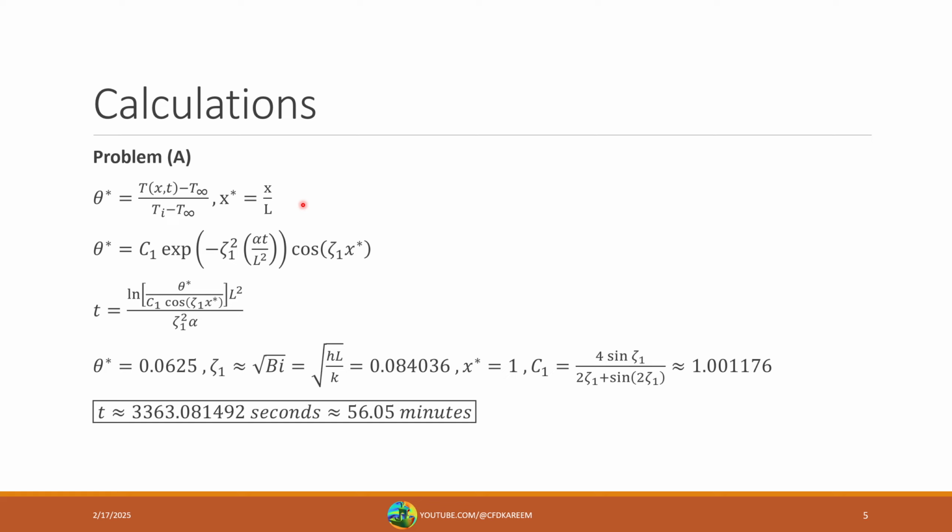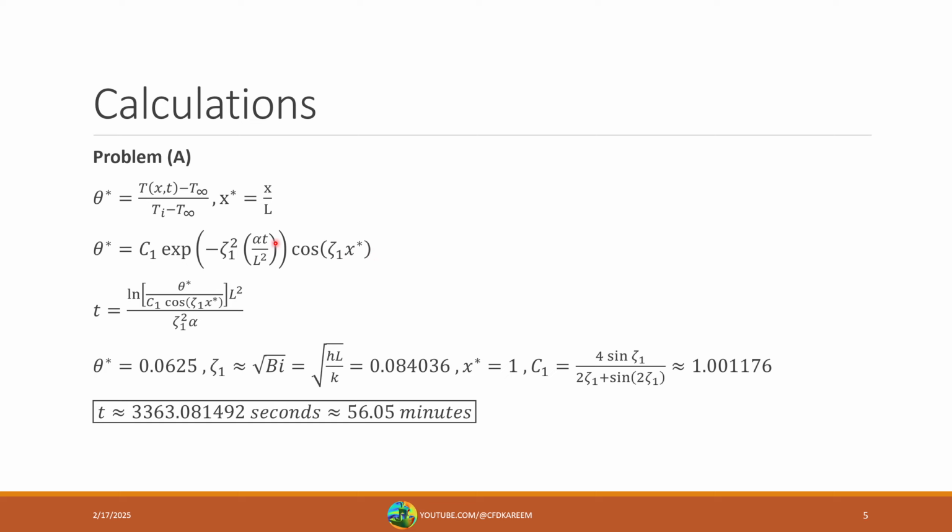Since this is 1D conduction through a planar wall, we're going to use the first term approximation to solve this problem. The exact solution is given as follows: theta star is equal to C1, a constant, times e to the negative zeta 1 squared, times alpha, the thermal diffusivity, times time over L squared, all multiplied by the cosine of zeta 1 x star.